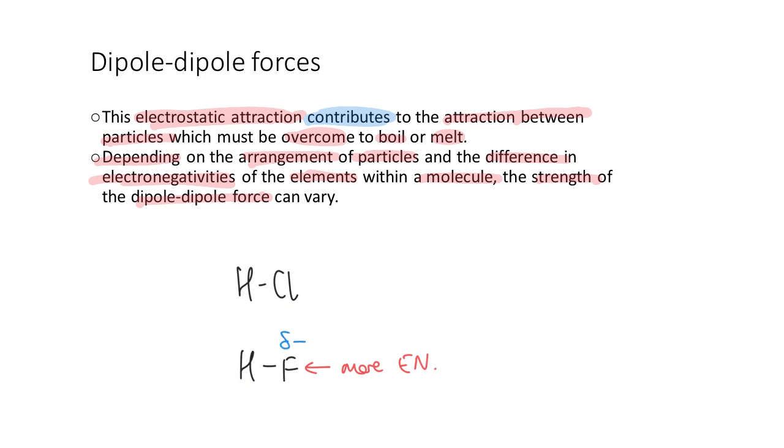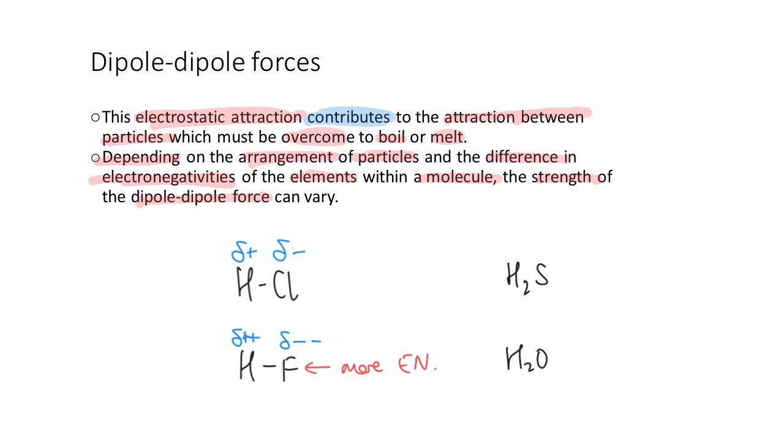So this is negative, and this is actually double positive, and this one is negative as well, but not as much. You can have a more polar bond if you have a more electronegative element pulling the electrons that way. It can also depend on the arrangement of the particles, but that's not going to be tested.